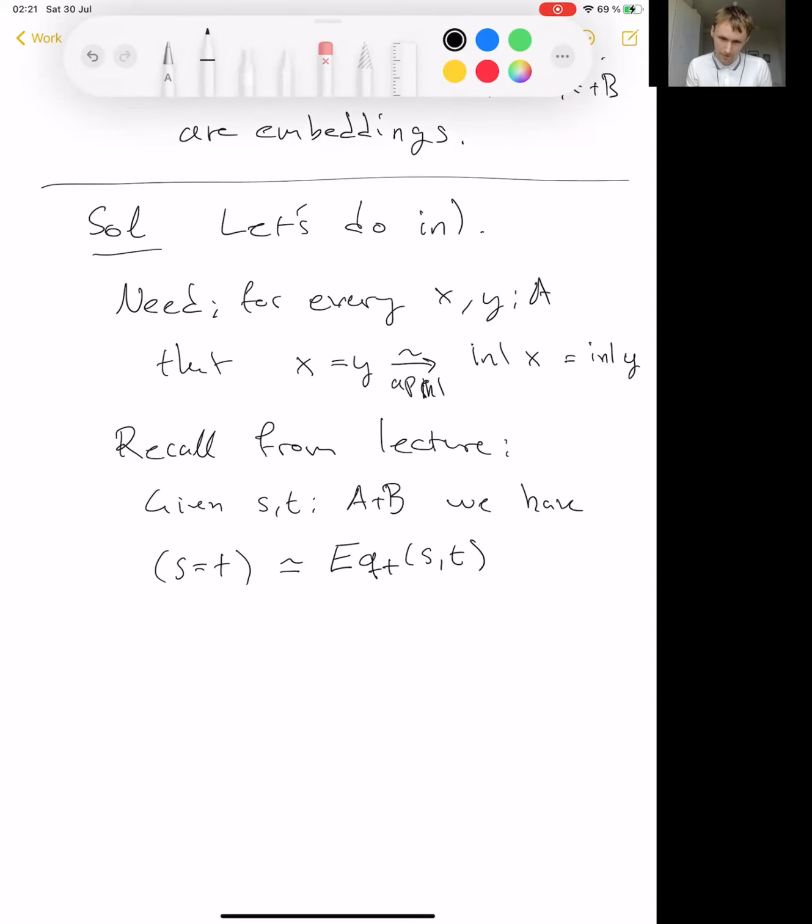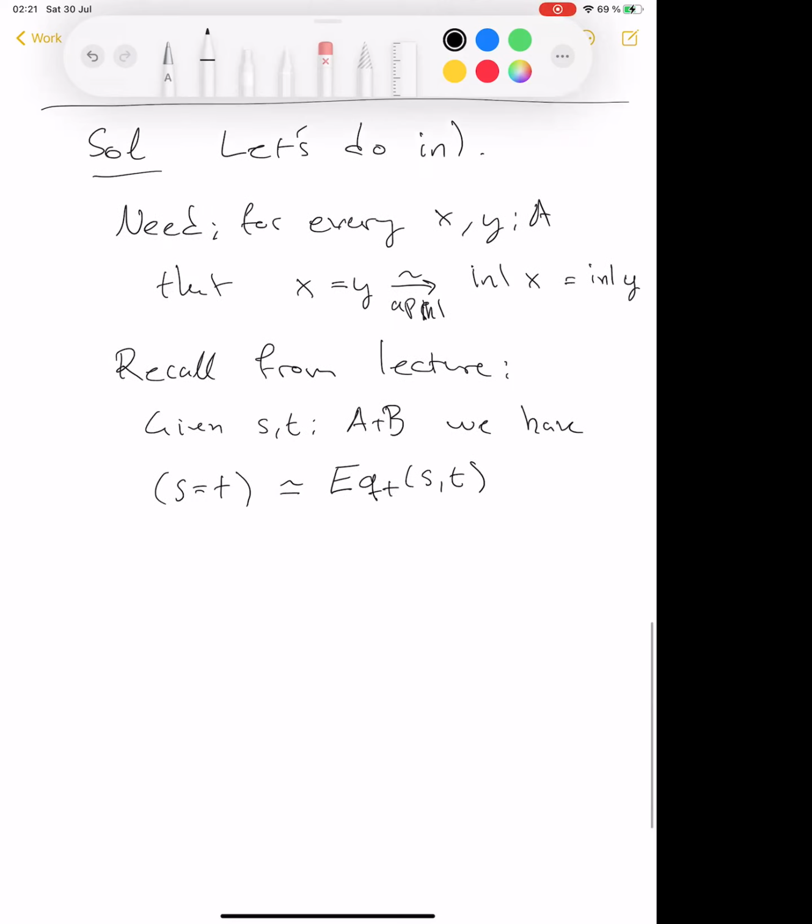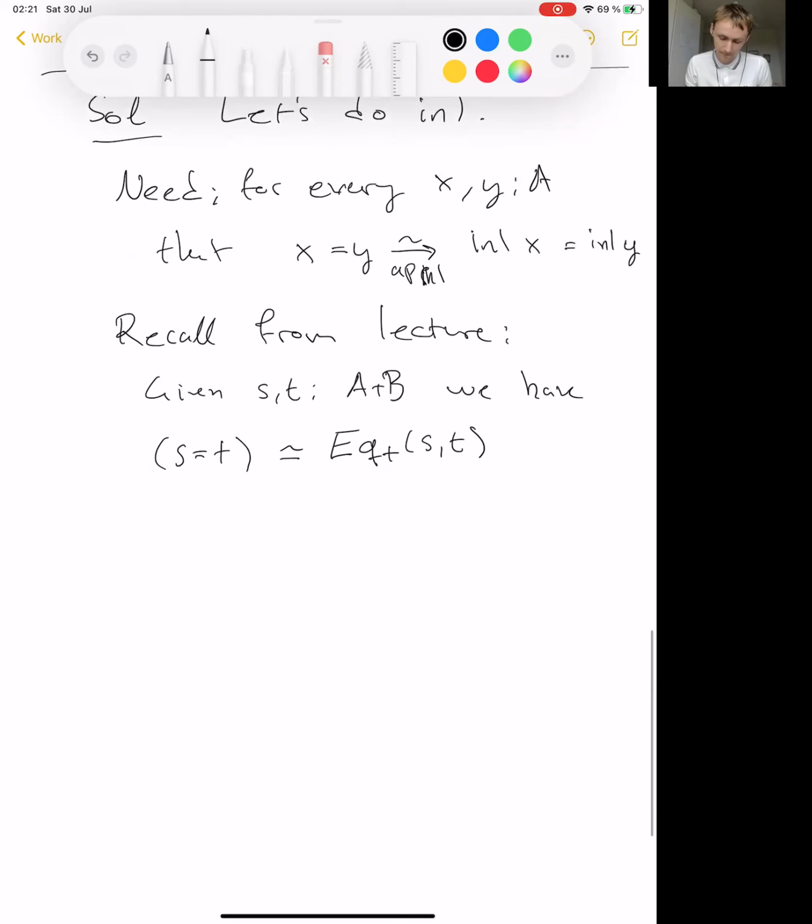I hope the one person in the room remembers what this observational equality was. Yes, more or less. It was defined by cases. But these are equivalent.